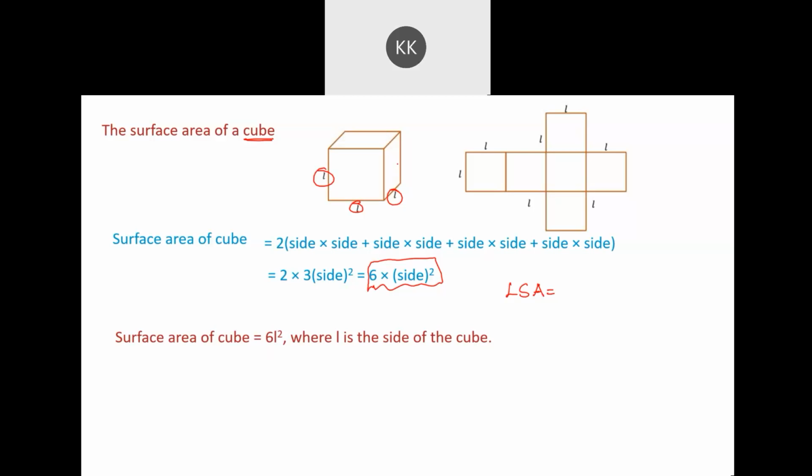When we consider the cuboid and neglect these 2 bases, there will be 4 faces left. So 4 times of side square will give lateral surface area, so 4L square. So total surface area is 4L square plus 2L square, the area of bases plus the lateral surfaces. This gives totally 6 times L square. 6L square. So it's very easy.